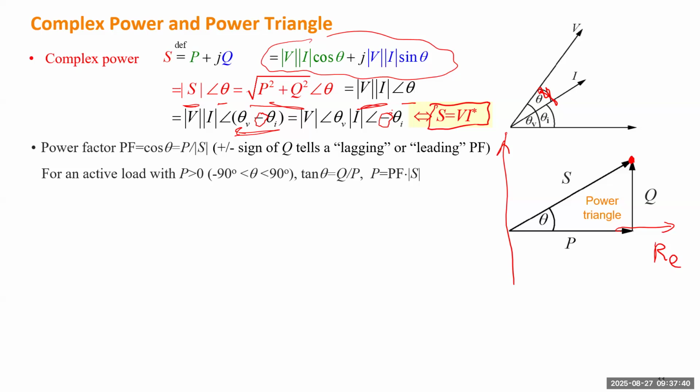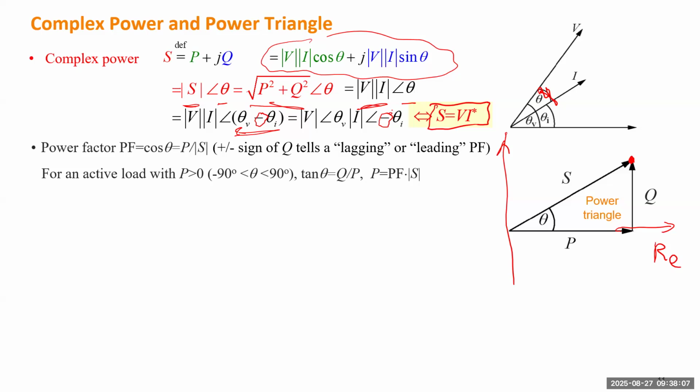When P is positive, we only need theta to be in the first or fourth quadrant, so P points to the right-hand side, not the left-hand side. If P is to the left, that will be negative P.